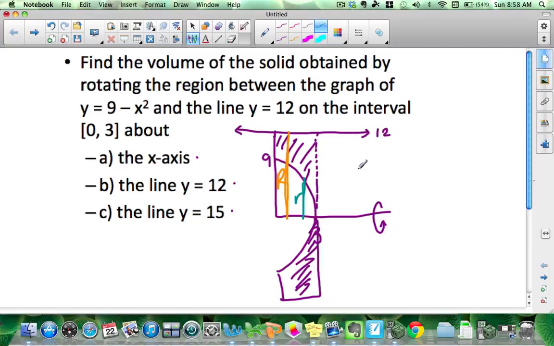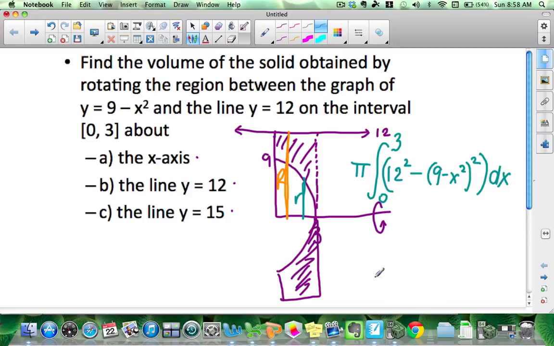So my integral that I'm going to set up is going to be pi times the integral from 0 to 3 of the big radius, which is just 12 minus 0, I'm going to call that 12 squared, minus the little radius, which is my quadratic minus 0. So minus (9 minus x squared minus 0) squared dx.